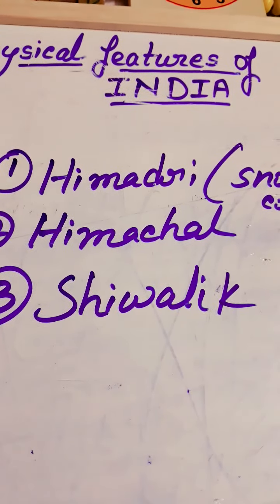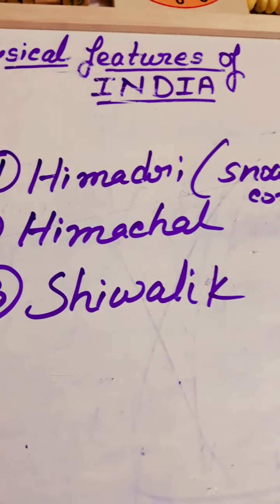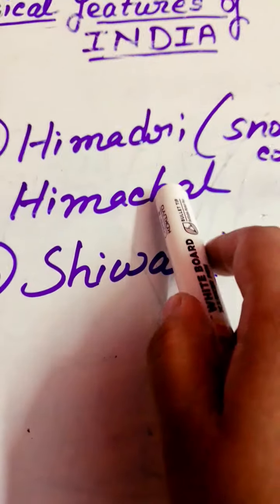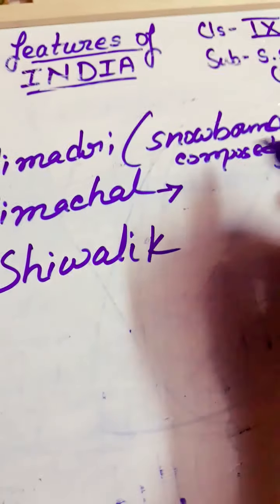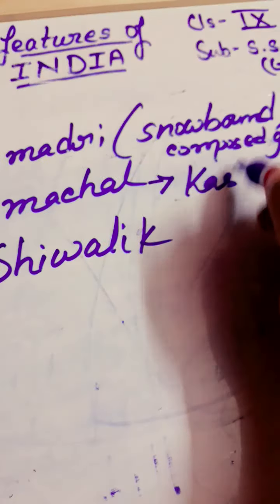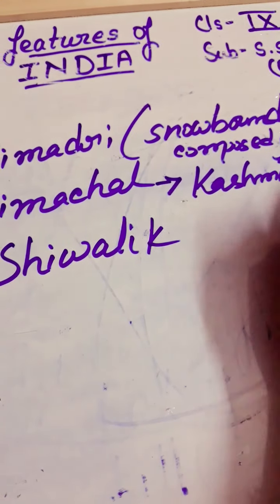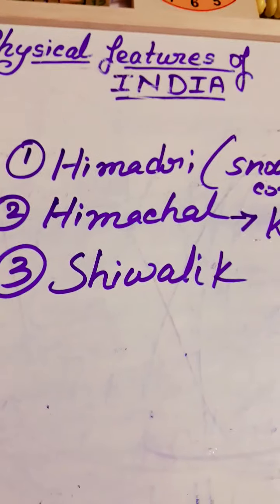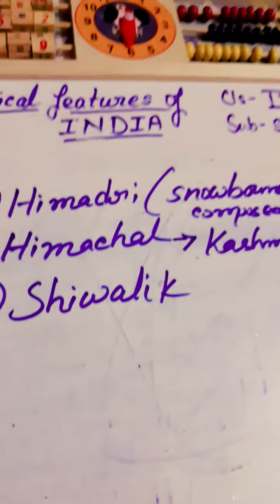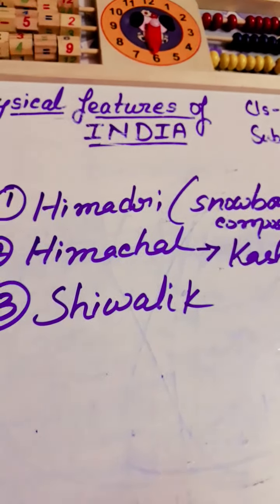This range consists of the famous valley of Kashmir. So in which portion of the Himalaya is the Kashmir valley located? Answer will be Himachal. And different types of hill stations are also located here.